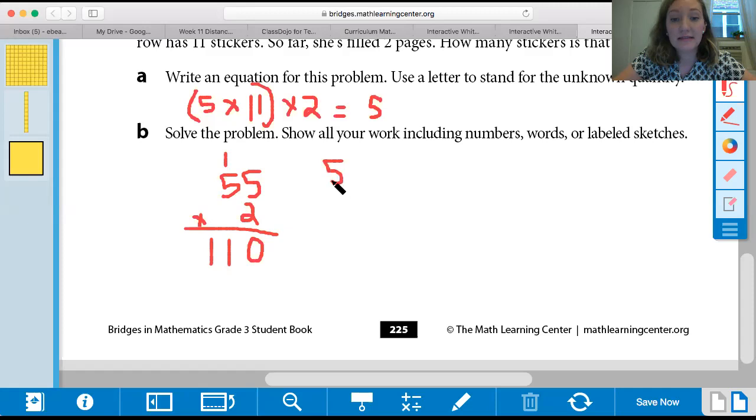Or you could have done it this way. You could have just added, like I said, 55 plus 55 is the same thing as multiplying by 2. So 55 plus 55, 5 plus 5 is 10, plus 1 more is 11. You get the same answer, 110. Okay, 110 stickers. The word problem, right?